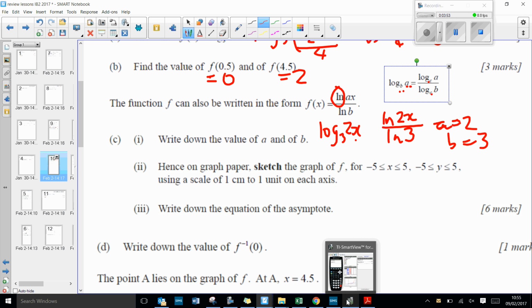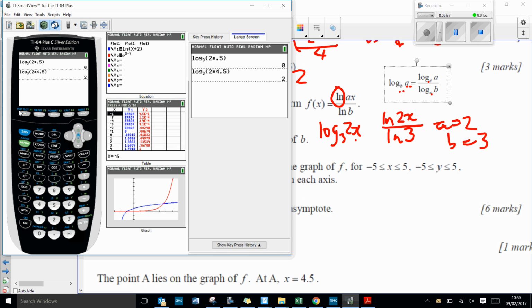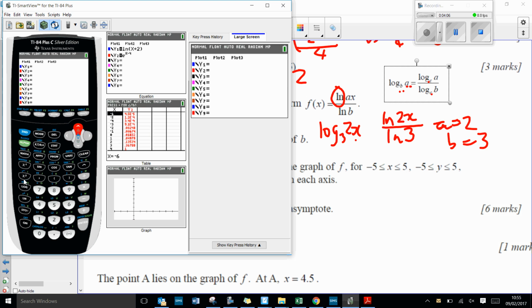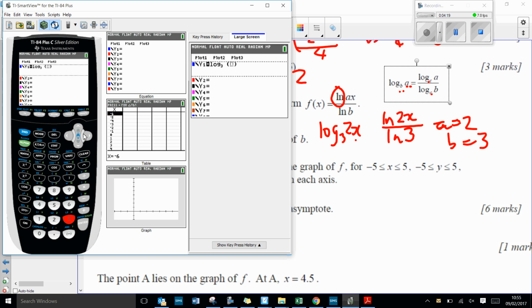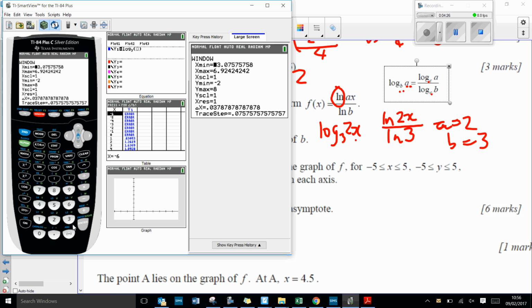So if we're drawing the graph, log base 3 of 2x, so math, log base 3 of 2x, and our window is going from -5 to 5, and y is, oops, it's going every one, and y minimum is -5 to 5, and then graph.